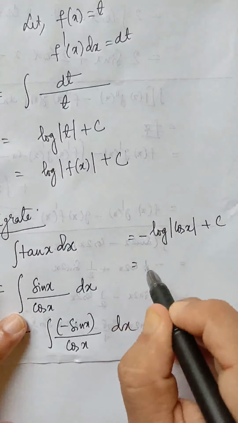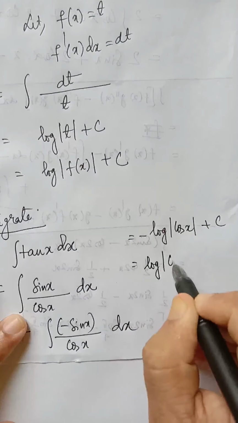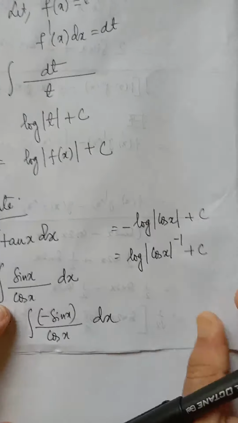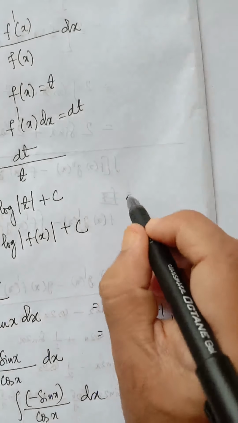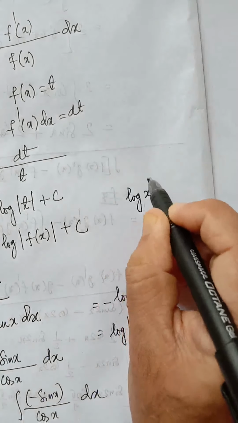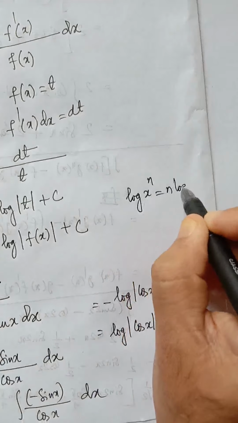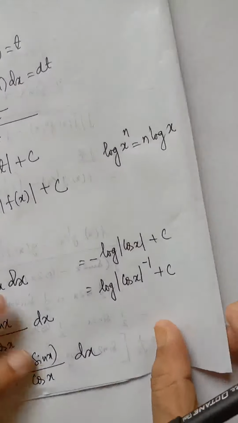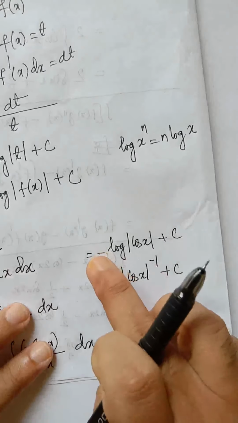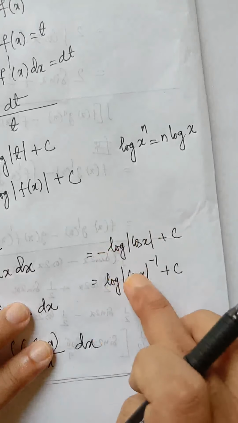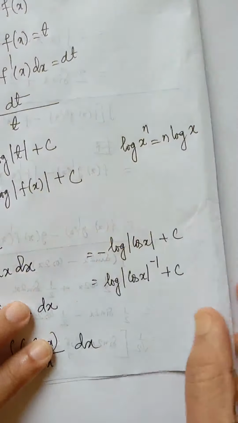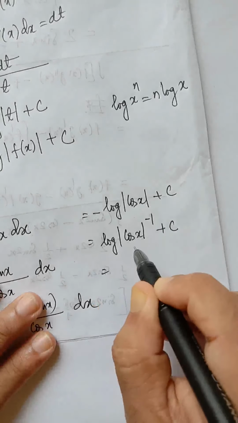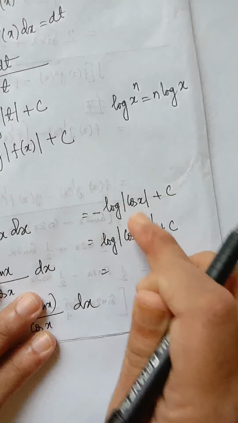This is equal to minus log cos x, which we can write as log of cos x to the power minus 1 plus c, because we know log of x to the power n is equal to n log x. So minus 1 into log cos x is log of cos x to the power minus 1, which is log of 1 by cos x.